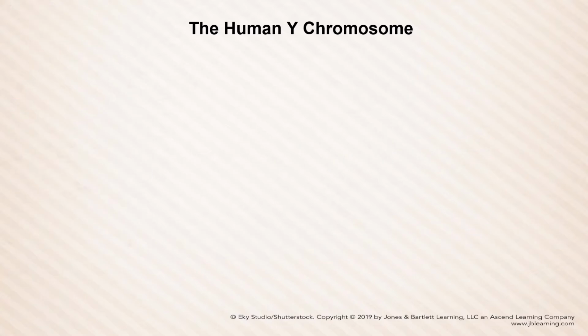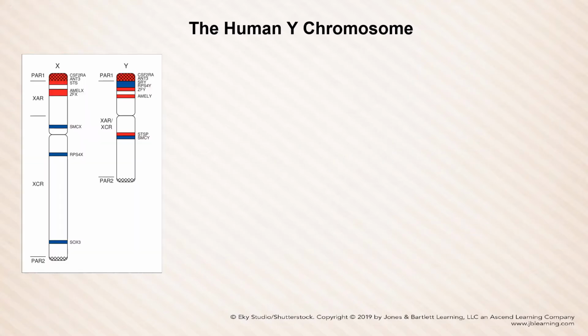Now I want you to think about the exam. Imagine that I ask you this question in the test. I show you this schematic and I tell you, show me the two most important regions of the Y chromosome. I don't want you to memorize every single gene. I want you to know that in this region there are components in common.